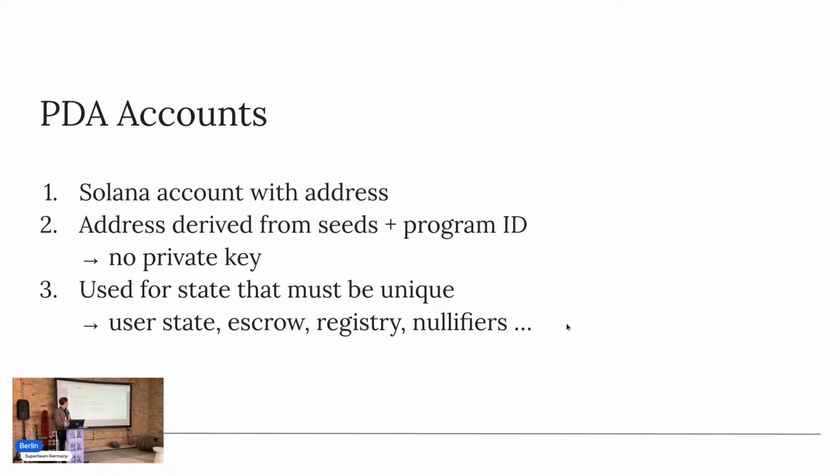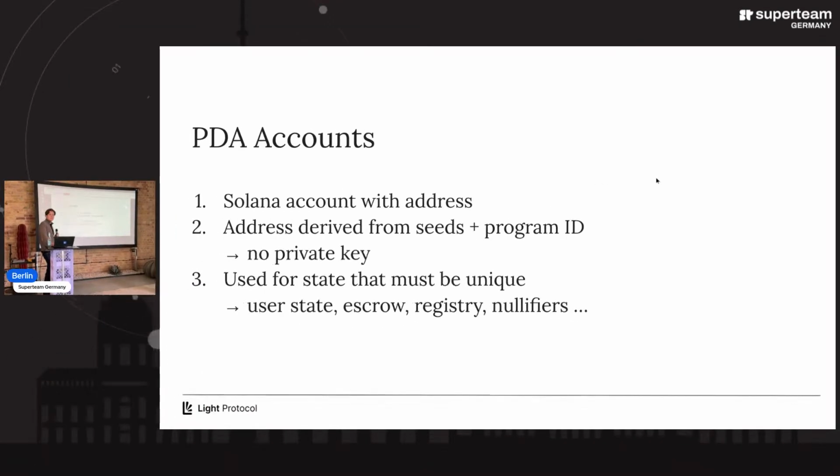And it's used on the program side mostly for state that must be unique. So you would have a counter for user state. But actually, we have a few examples at the end as hackathon ideas to go through as well.